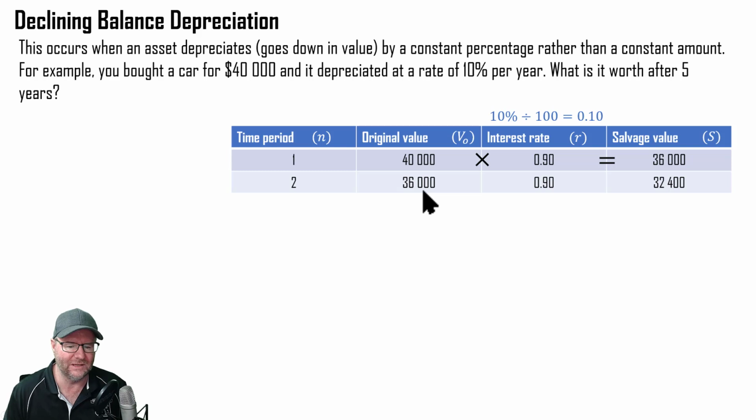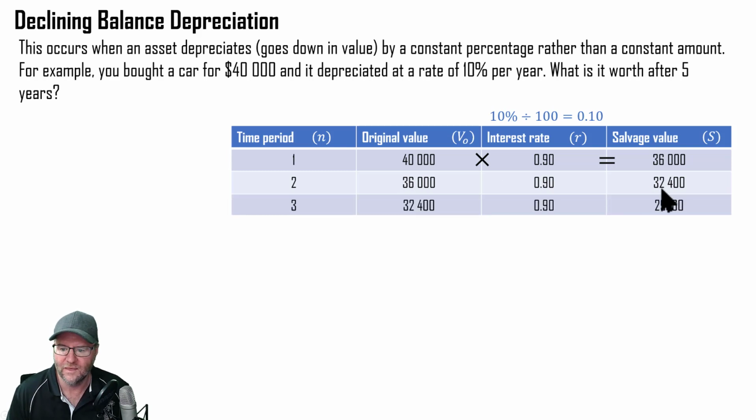So at the start of year two, it's worth 36,000, and I'm going to keep 90% of that. I'm just going to repeat what I did in the row above. 36,000, keeping 90%. So what's 90% of that? Multiply them together, and at the end of year two, it's worth 32,400. That's our new original value for the start of year three.